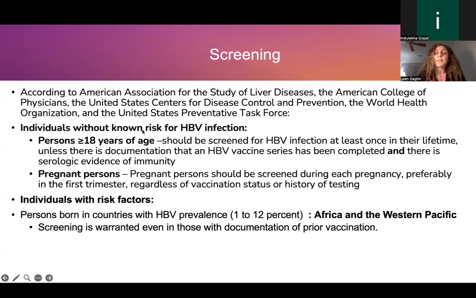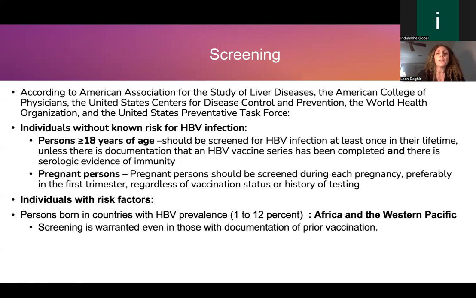According to the American Association for the Study of Liver Diseases, the American College of Physicians, the United States Centers for Disease Control and Prevention, and the World Health Organization, we have multiple tests to screen for hepatitis B infection.